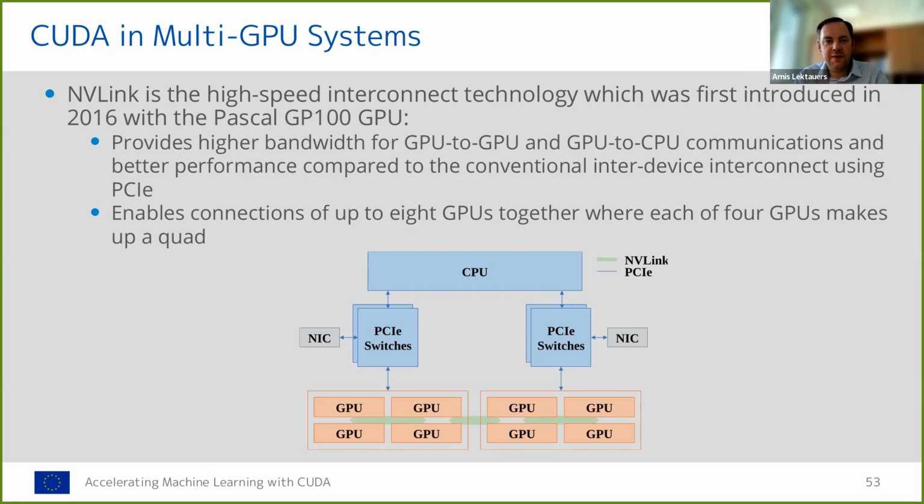It is technology NVLink, acting as a high-speed interconnection technology, first introduced 6 years ago in the Pascal GPU. When we are working with one node, it is an efficient way if the hardware motherboard is supporting the NVLink bus.